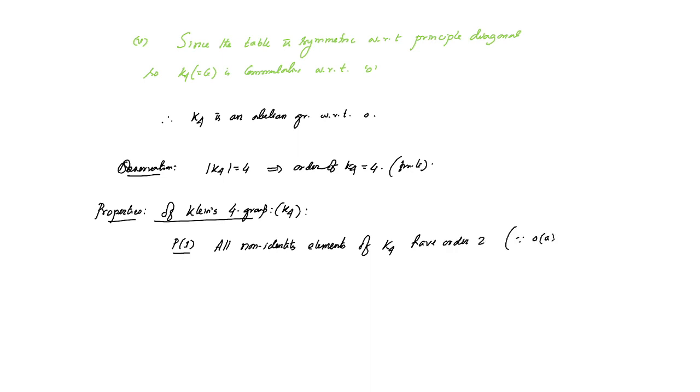Because we have seen order of A equals order of B equals order of C equals 2, and they are the non-identity elements. And here the second property: every element of K4 is its own inverse.